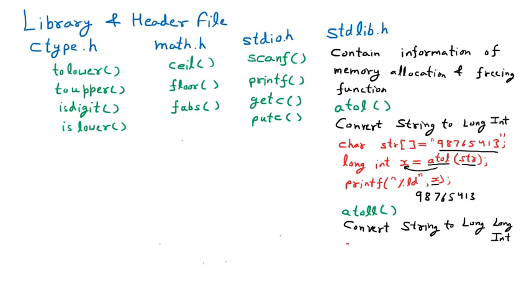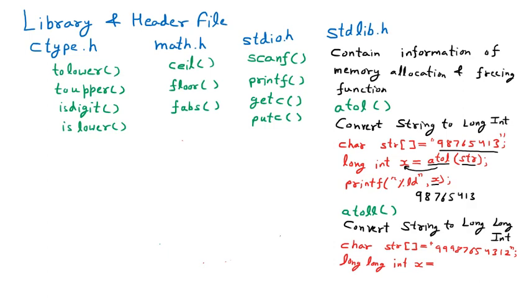I'm taking one example to make you understand. Let us suppose that we have taken a character array and the name is str, and some large number is present. Let us suppose 99987654312, any number which is very large. And then we have a long long integer, say x, and now we want to convert the above number into the long long integer.